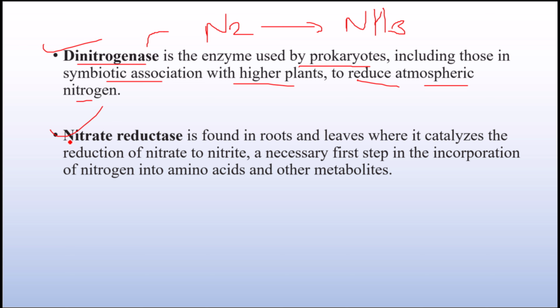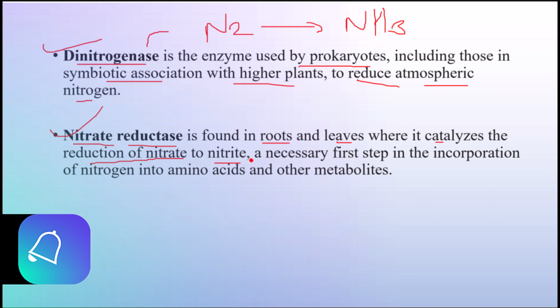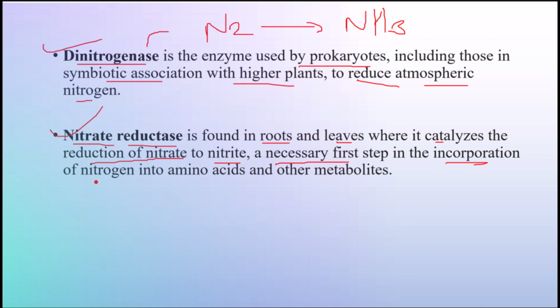The next enzyme is nitrate reductase, found in the roots and leaves, where it catalyzes the reduction of nitrate to nitrite, and this conversion is a necessary step in the incorporation of nitrogen into amino acids.